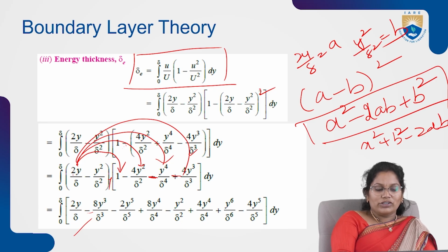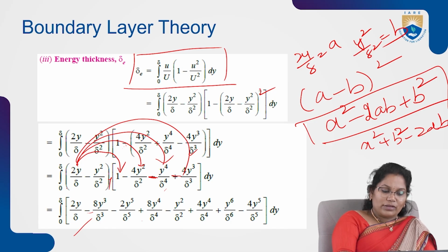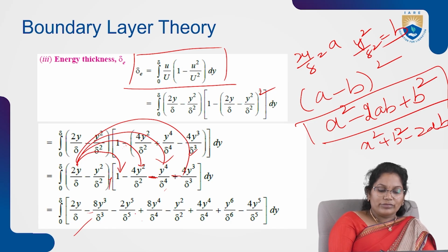Again we have to multiply 2y by delta with y^4 by delta^4 so it will become 2 into y^5 by delta^5.